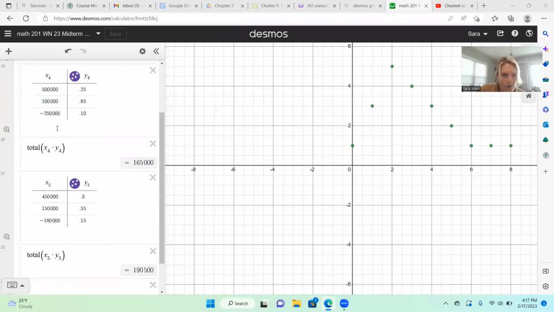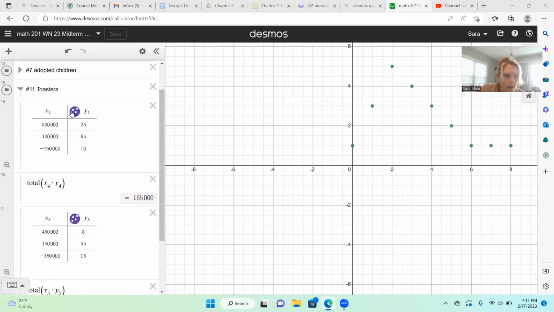Okay, so to find the expected profits, I had to make 2 tables. So here's a table for toaster A, the possible profits, and then the likelihoods, the probabilities in Y4. And because these are probabilities and my Y4 totals add to 1, I don't need to divide by anything because I'm going to divide by 1.